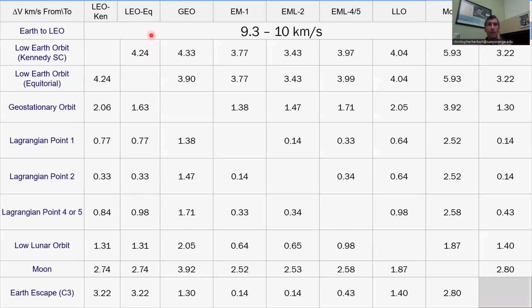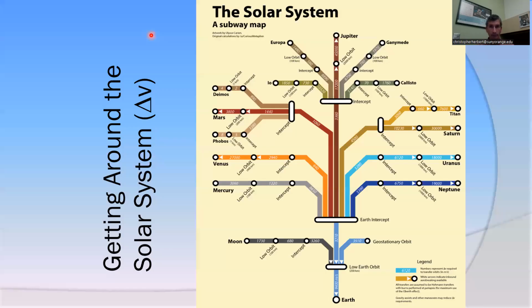So we express this cost in terms of delta V, even though it doesn't really represent how much the velocity changes. It's related to it because there is some kinetic energy that is obtained when the rocket engine is in use, but a lot of it is potential energy that we're overcoming.